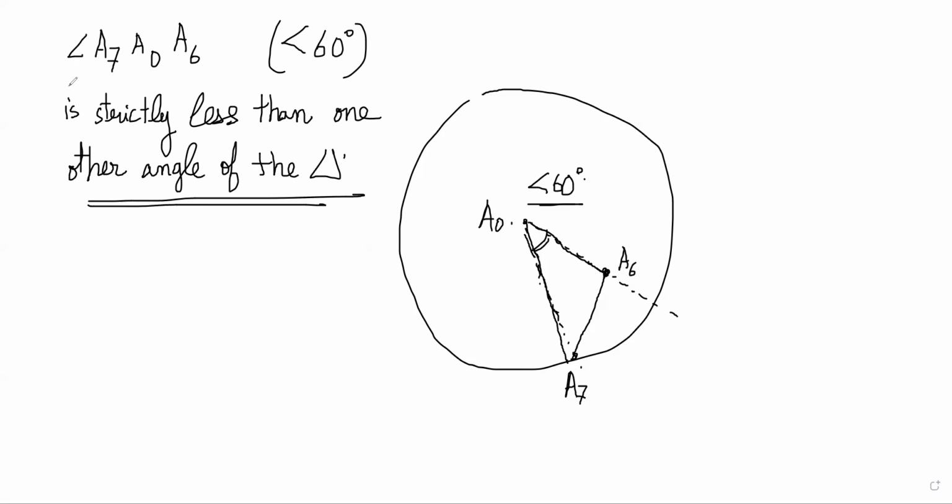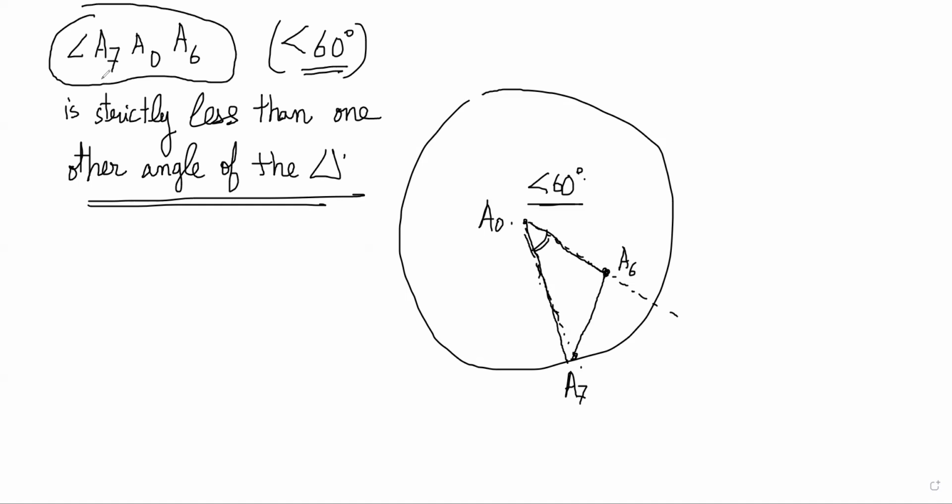What do I mean by this? Since this angle is less than 60 degrees, it cannot be the maximum angle of this triangle, right? Because if this was the maximum angle, then the other angles are smaller than 60 and the overall sum of the angles of the triangle will never be 180.